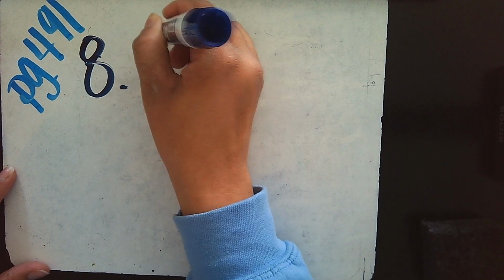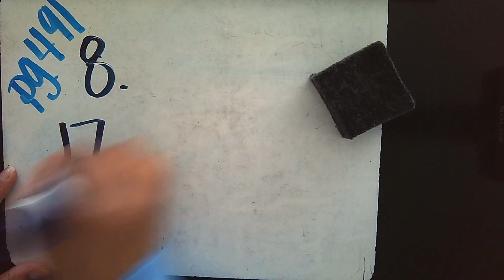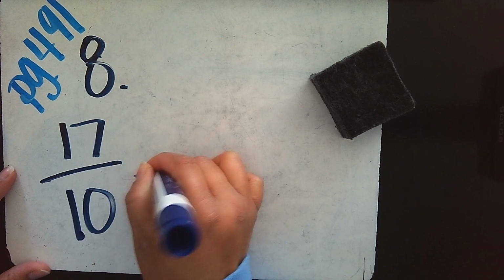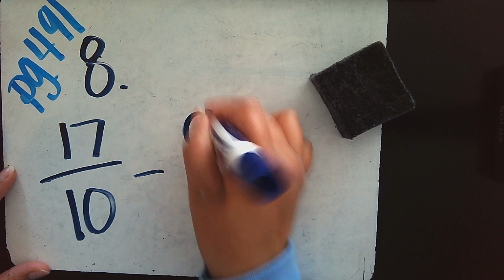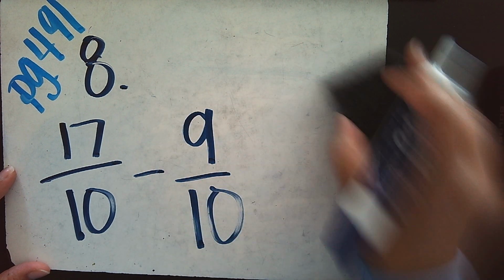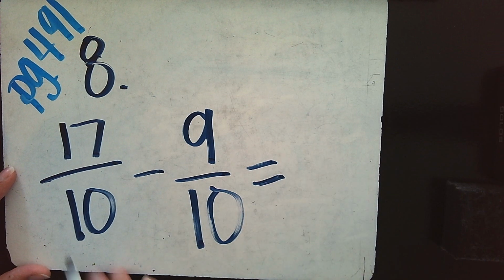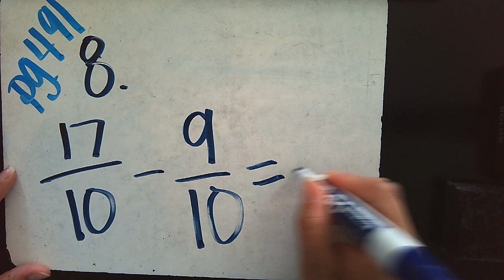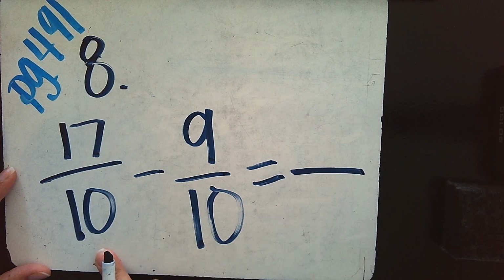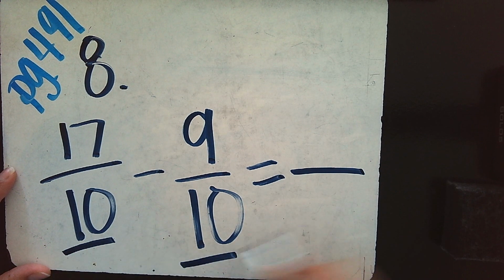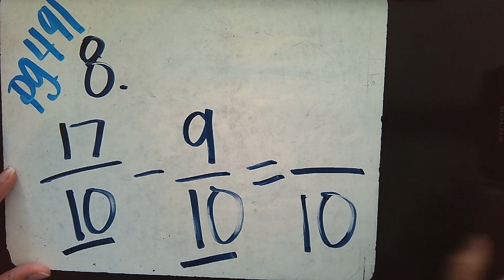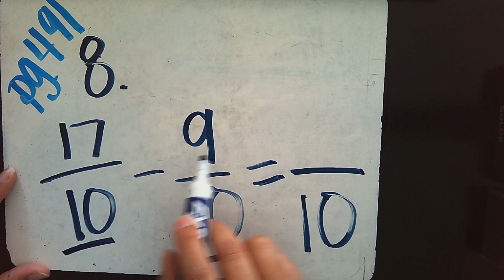Okay, then I want to do number 8 as an example. This has 17, I'm going to write it a little bigger, 17 over 10 minus 9 over 10. Okay, first thing I want to do, my denominators, sorry, are the same. So I will write it down as my denominator. Then I have 17 minus 9.